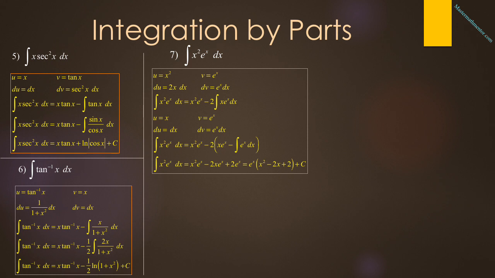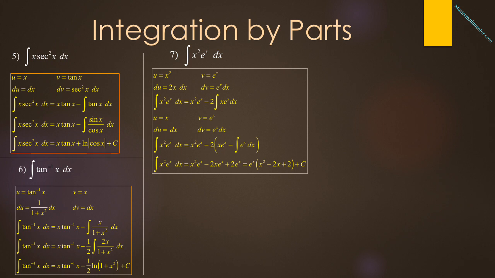Now this integral we did on the previous page. We did it with integration by parts, and we can see it done again. So we end up getting the integral of x squared e to the x dx is x squared e to the x minus 2 times x e to the x minus the integral of e to the x dx.